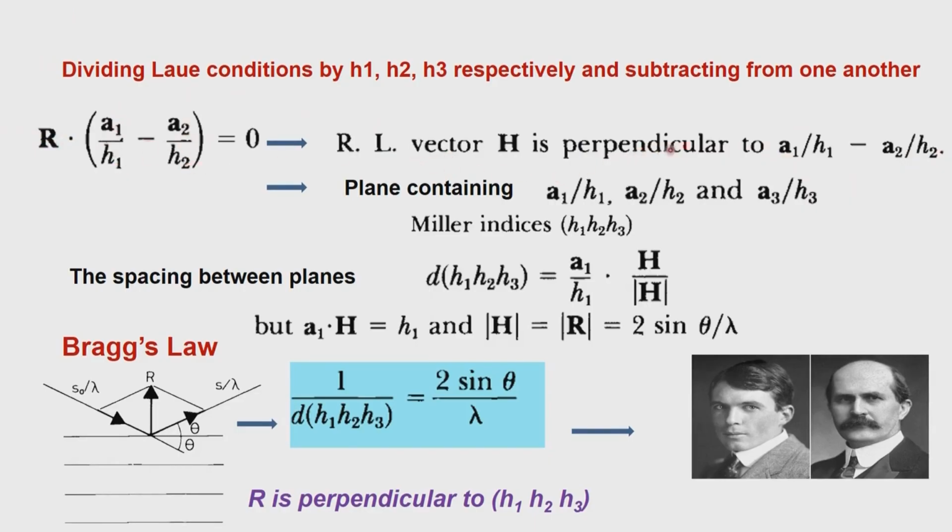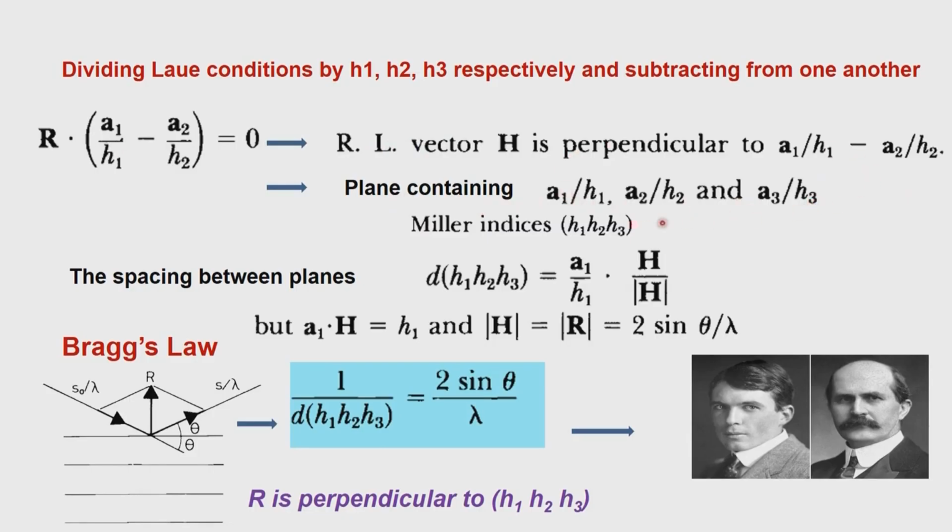So the reciprocal lattice vector will be perpendicular to A2 by H2 minus A3 by H3, and the third one as well. Which essentially means that the vector R is perpendicular to the plane containing A1 by H1, A2 by H2 and A3 by H3.